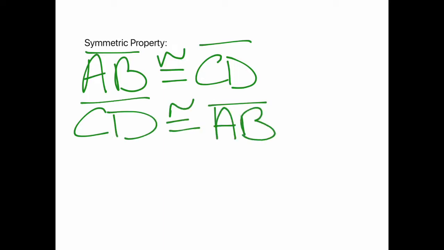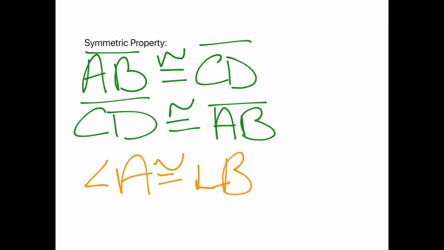And so it just flips them around. If you have an angle, the same thing happens. So you might have angle A is congruent to angle B, and then it flips it around with symmetric property, and you have angle B is now congruent to angle A. And so that's the symmetric property: when they switch places, symmetric switches.